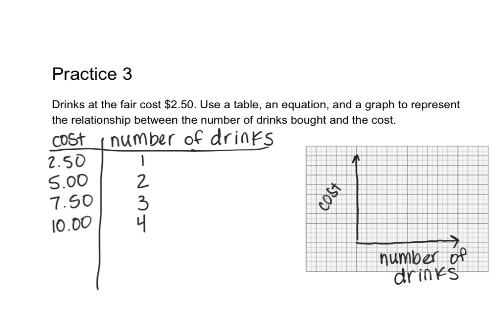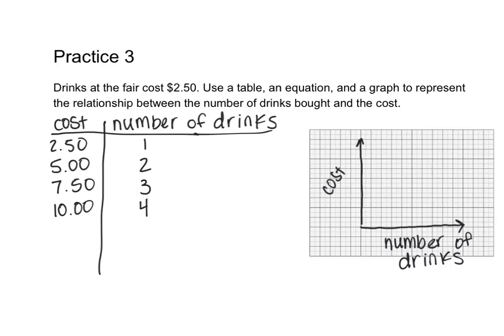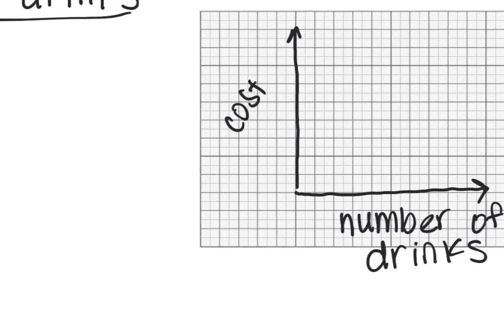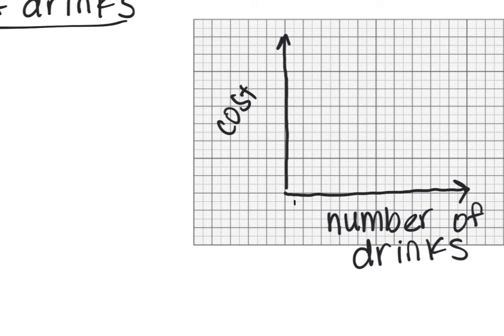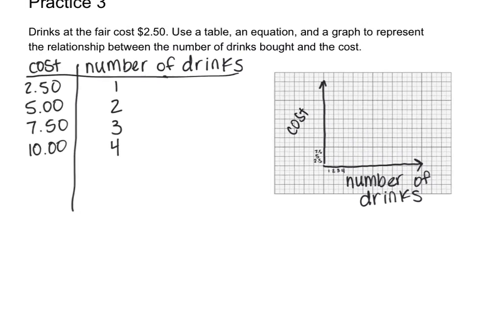You can also change the increments that you go by. So the number of drinks, let's say we want to make this one 1, 2, 3, 4. We can make this one 2.5, 5, 7.5, as long as it's consistent. So each time we're going up a unit, it's going to be 2.5 or $2.50.